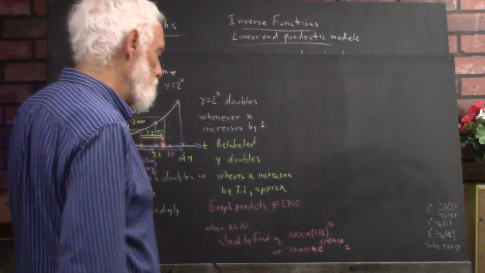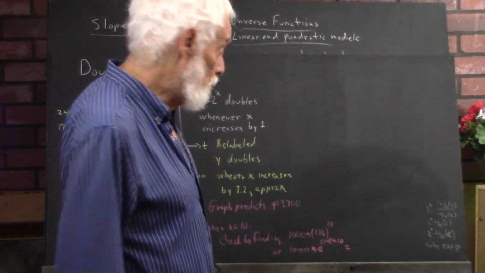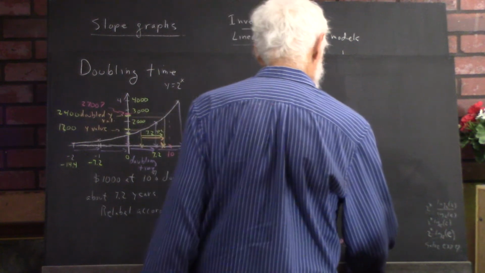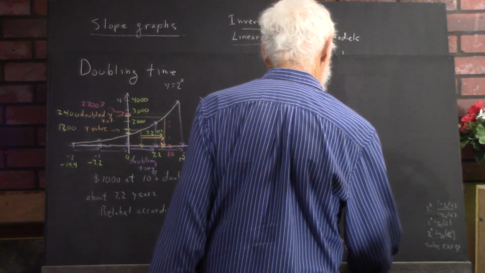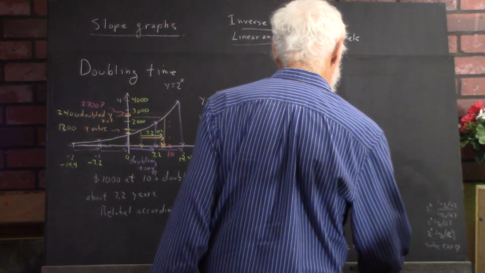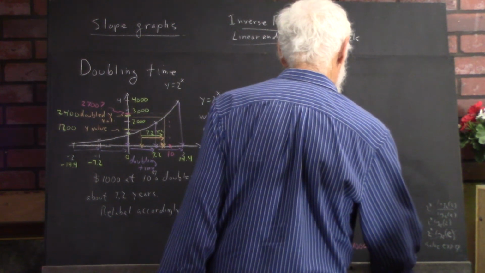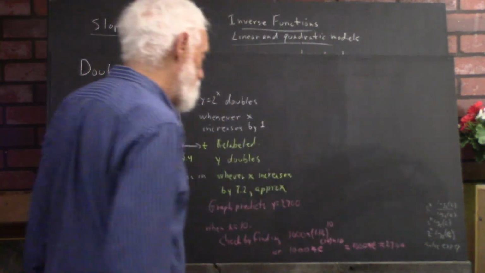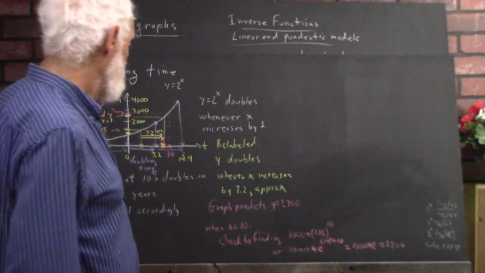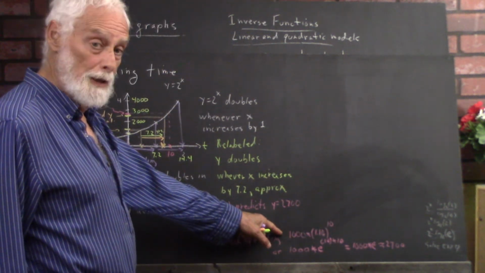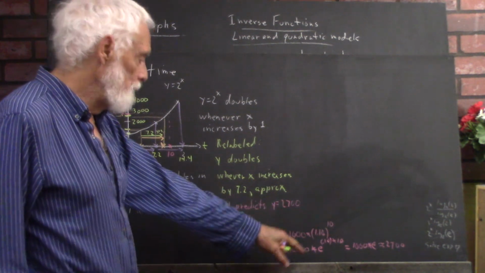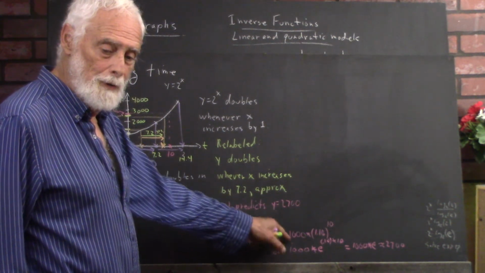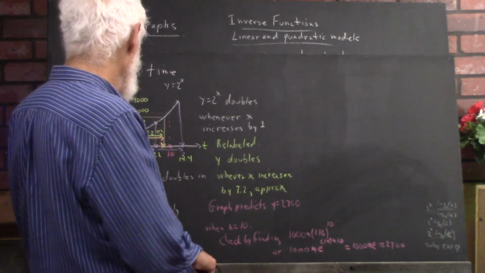Hadn't thought this through, but 0.10 times 10 is 1. That's 1,000 times e, and that is approximately $2,700. Okay, this will come out a little less than that. You'll see how much difference the continuous compounding makes over the annual compounding.